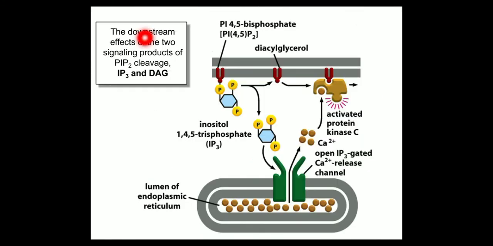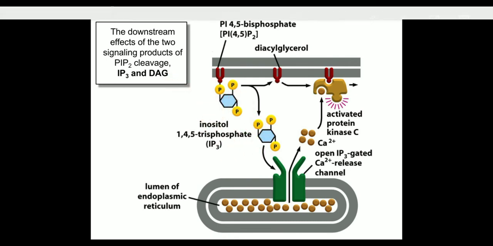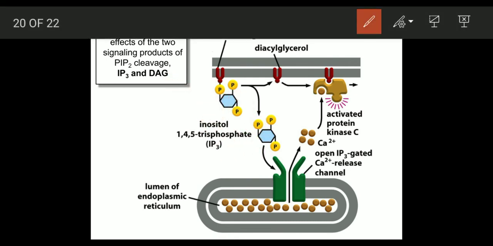Okay, the downstream effects of the two signaling products of PIP2 cleavage, IP3 and DAG. You can clearly see here the signaling products of PIP2 cleavage and their downstream processes. Here you can see this is the process of IP3 and this is the process of DAG.